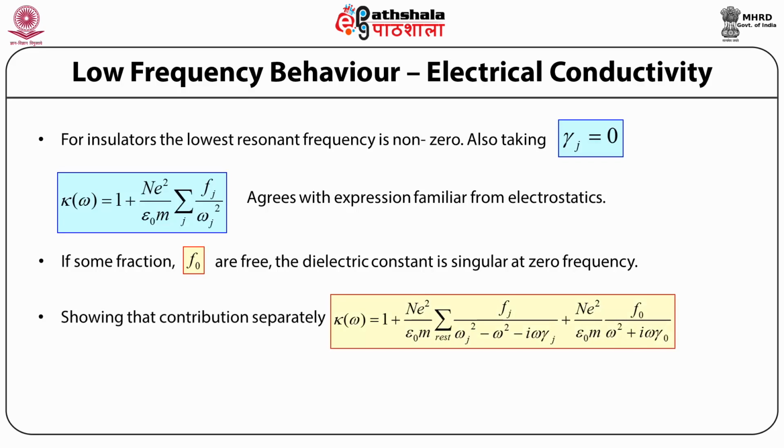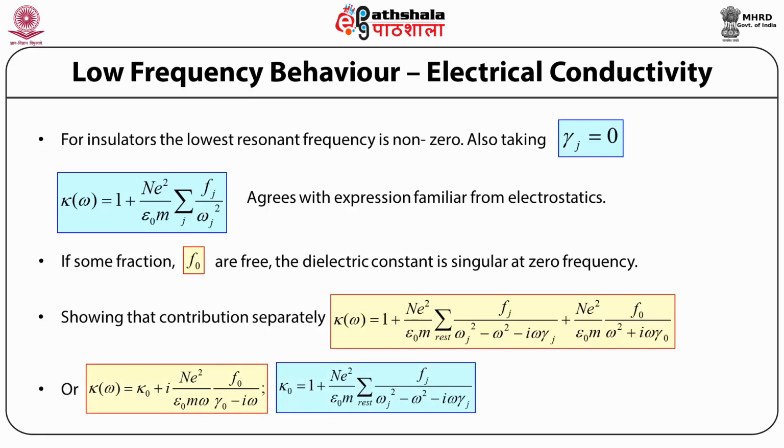If the contribution of the free electron is shown separately, then dielectric constant takes the form K omega equals 1 plus n e squared divided by epsilon naught m into summation of f_j divided by omega_j squared minus omega squared minus i omega gamma_j, plus n e squared divided by epsilon naught m into f naught divided by omega squared plus i omega gamma naught.